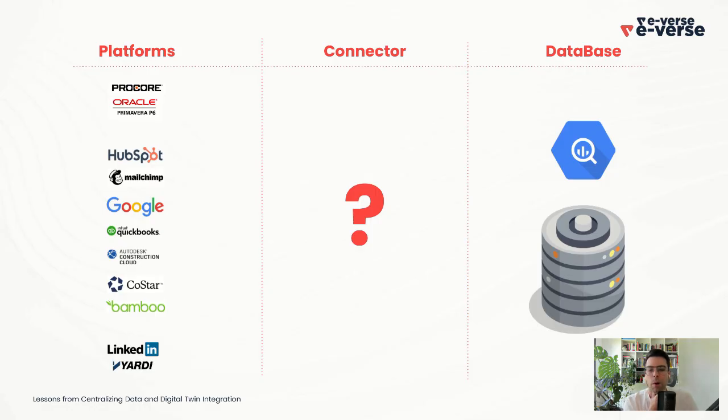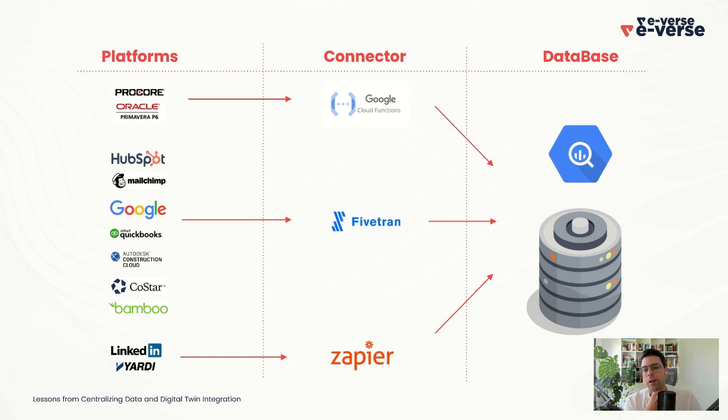And then the problem was how on earth we were going to connect all the sources you might have in your project in the future with a database, in our case BigQuery. So we decided to use different strategies. Fivetran and Zapier are online services that do this automatically for you.